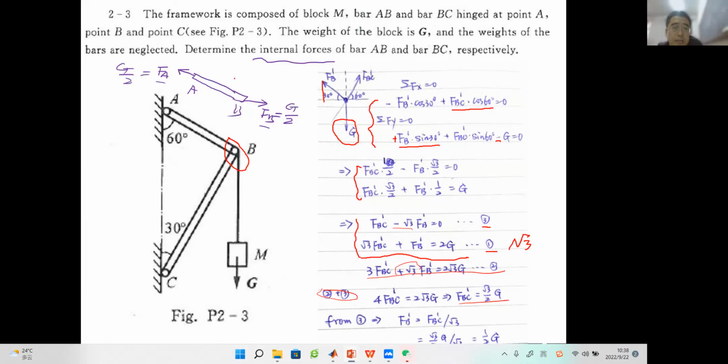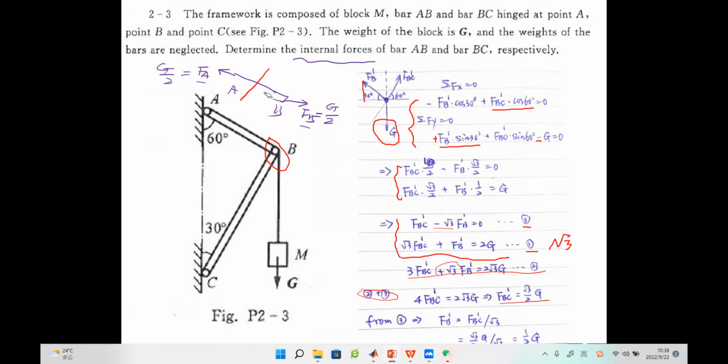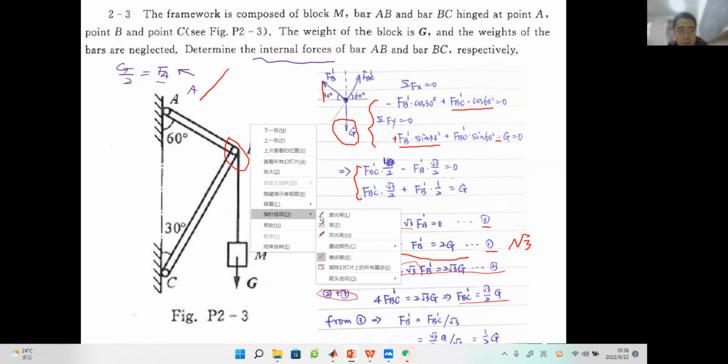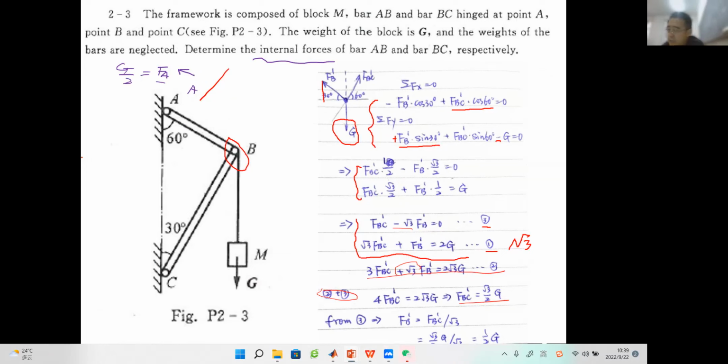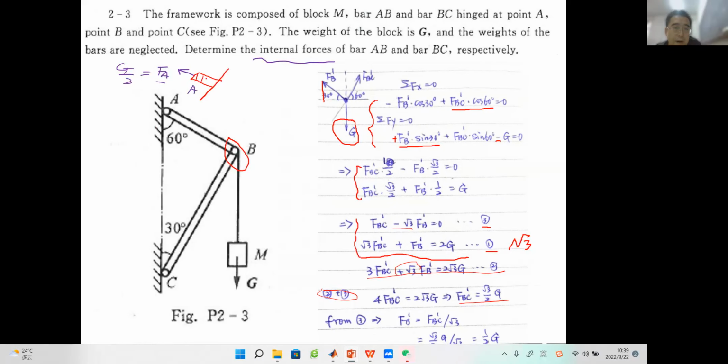Just select a position and we do this. That means this is the left part.